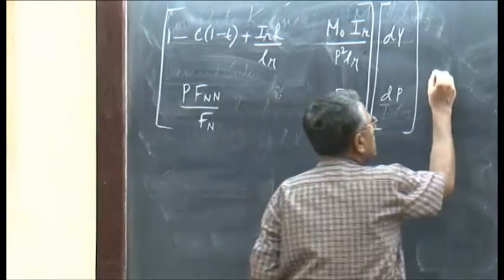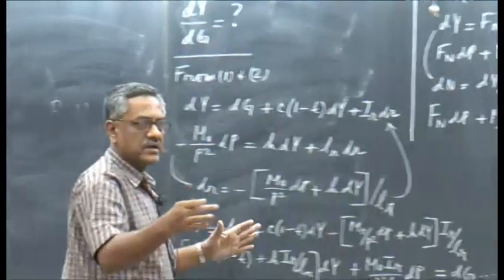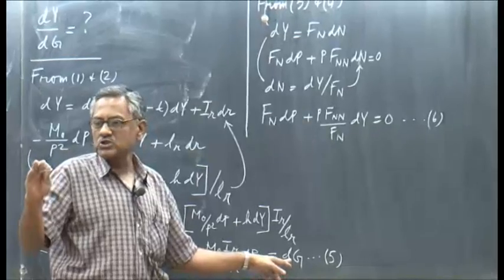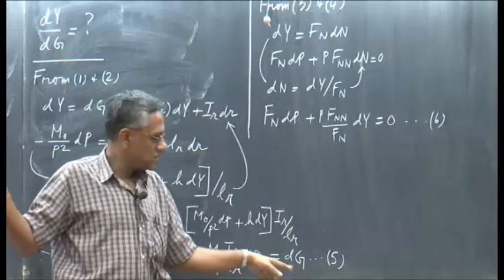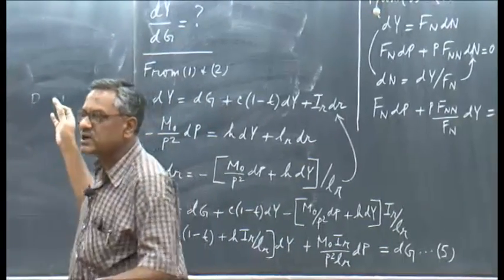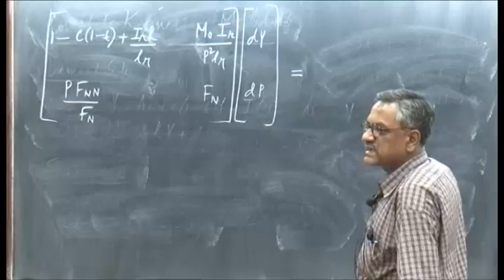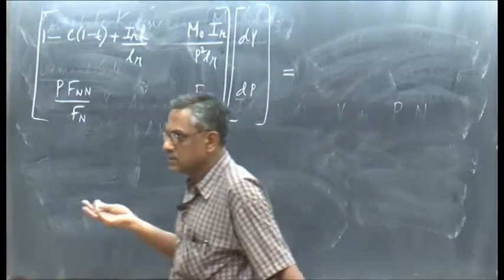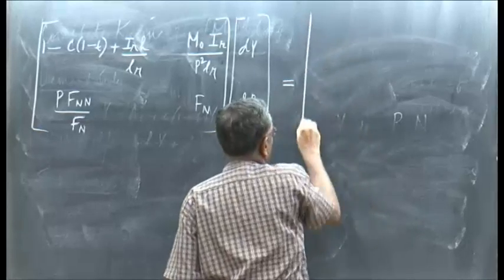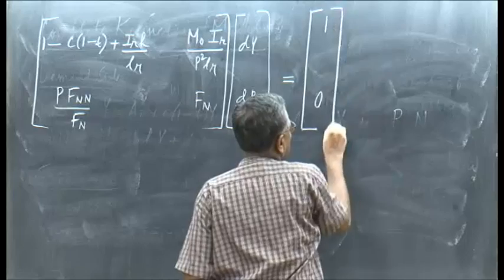And what I'm looking for is the multiplier, which is one lone variable here, that is in the first equation, exogenous variable. All exogenous variables are written on the right hand side. So the exogenous variable here is dg. So if I have a dg column here, dg has one value there in the first equation. The second equation, there is no dg variable. So it will take a 0 value. So the column vector here would be 1, 0 for dg.